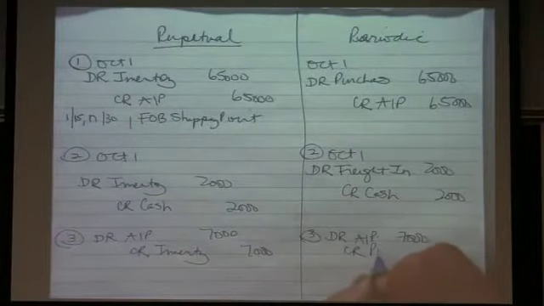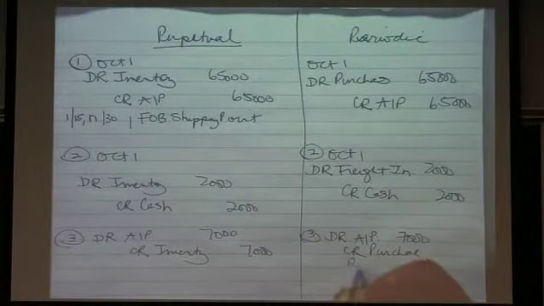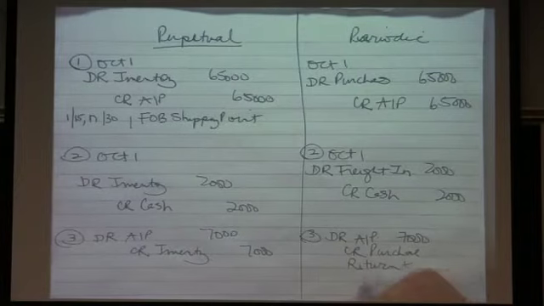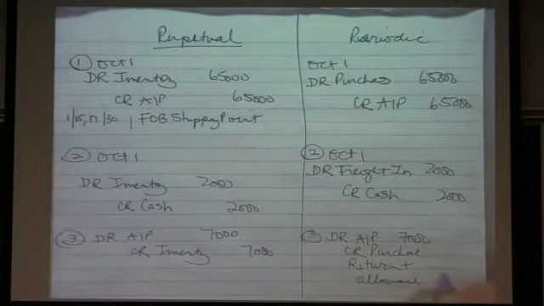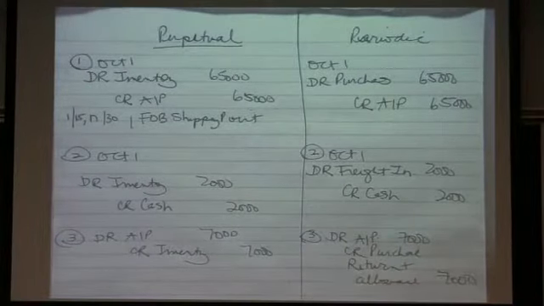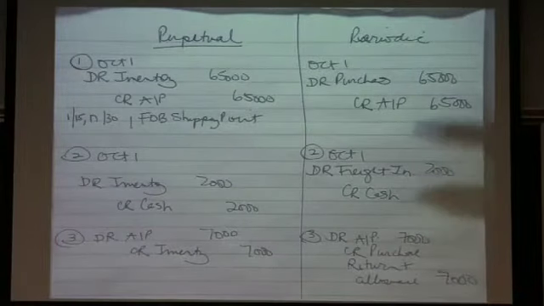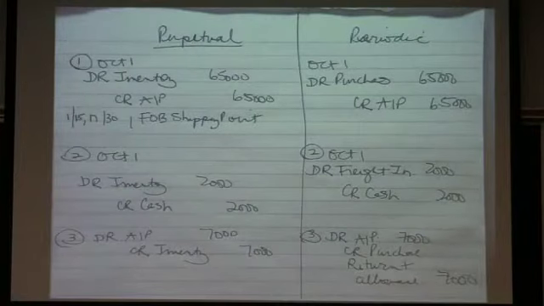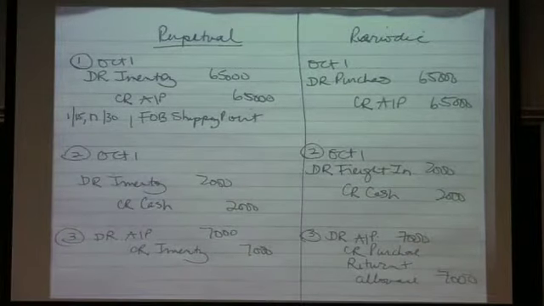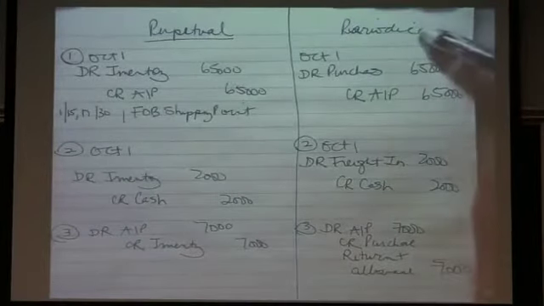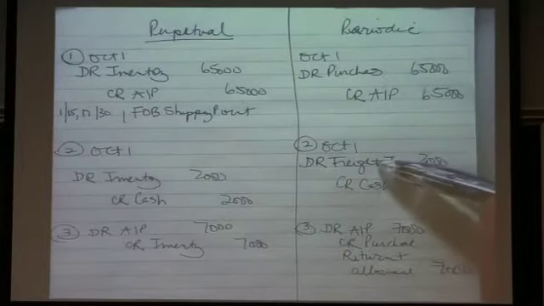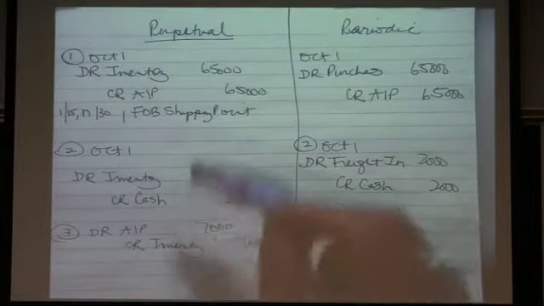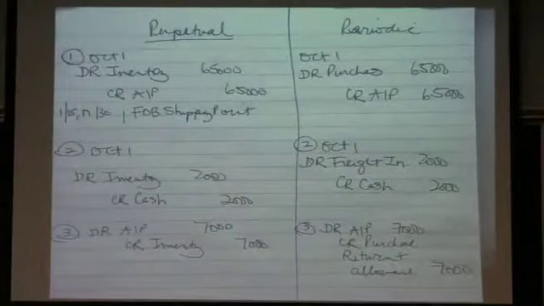It's a contra account. Again, freight in needs to be added to purchases, and purchases returns and allowances should be deducted from purchases to get to what we call net purchases. So you'll see that under the periodic inventory system, we have multiple different accounts to track certain activities, whereas under perpetual, everything goes to inventory.